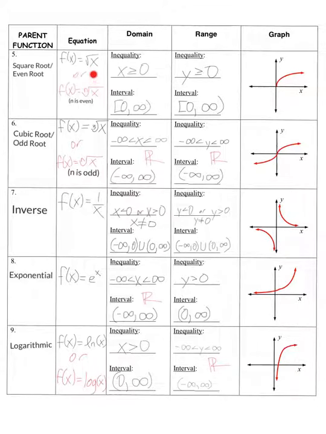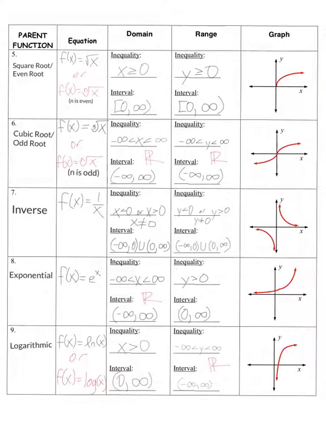Squaring something is a negative times a negative equals a positive number. Like negative 3 times negative 3 is 9, same thing as 3 times 3 is 9. So if I were to take the square root of 9, I'd get 3 or negative 3. But if I were to do the square root of negative 9, I can't multiply two of the same number to get negative 9.